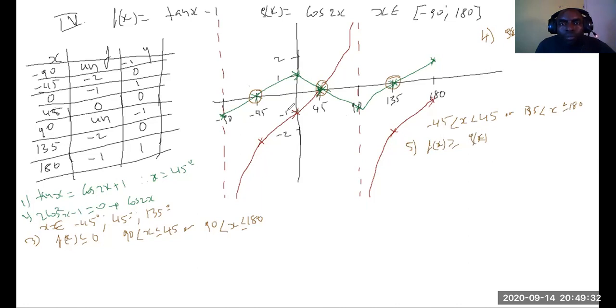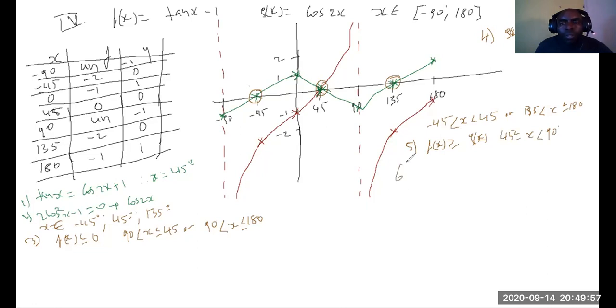It's only greater between 45 degrees and 90 degrees. So x in between. Now we want this one to be greater or equal to that, but less than that one.